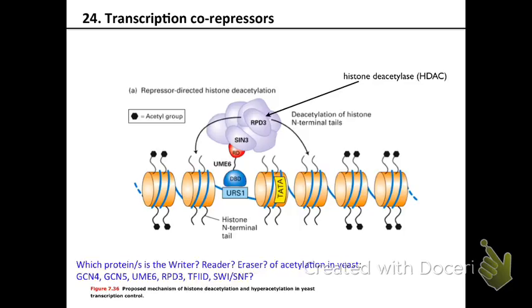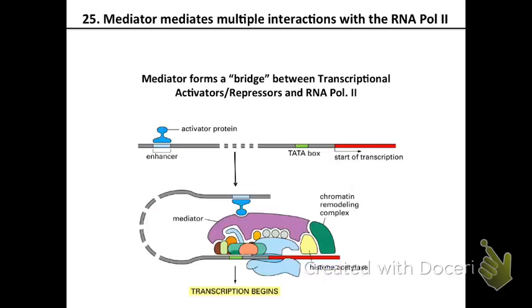All right. So in eukaryotic transcription, there is an amazing player that is important for transcription initiation, which is called the mediator. Okay? It mediates interactions between transcription activators and the repressors and the RNA polymerase.